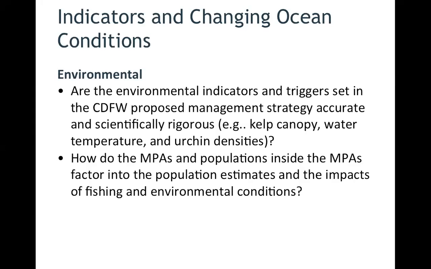Well, it depends upon which set of questions. These are great questions, by the way. There are things that we're all interested in that have to do with environmental factors, and the environmental factors that are listed are all really important, whether it be water temperature, or kelp canopy, or urchins, or any of these other things.